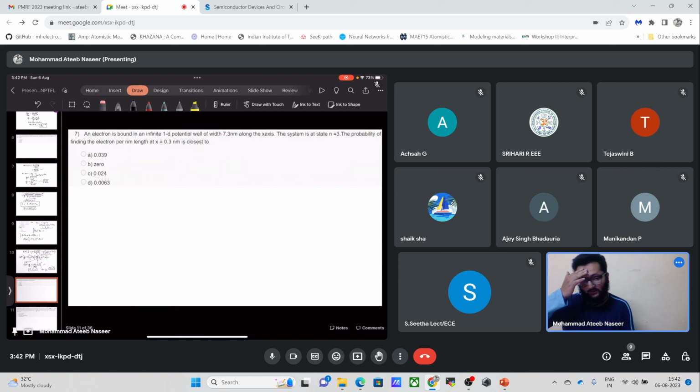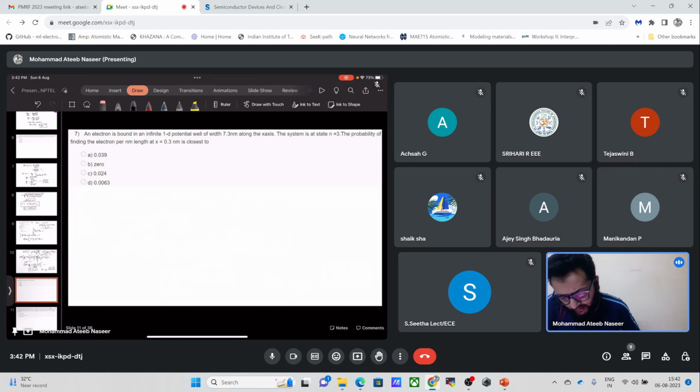Now this is another problem related to an electron in a 1D potential well, where this time we have been given the width of the well along the x direction. This is equal to 7.3 nanometers, and the system is at state n equal to 3.